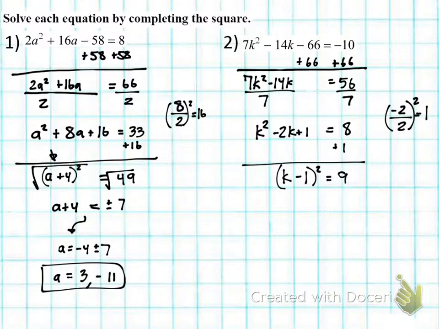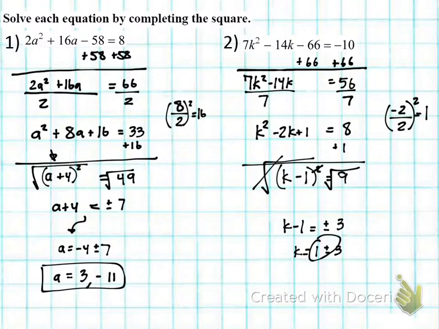Take a square root of both sides. We know square root cancels with the square, so we have k minus 1 is equal to positive and negative 3. Add 1 to both sides. K is equal to 1 plus or minus 3. What's 1 plus 3? 1 plus 3 is 4. Good. 1 minus 3 is negative 2. Those are your two answers.